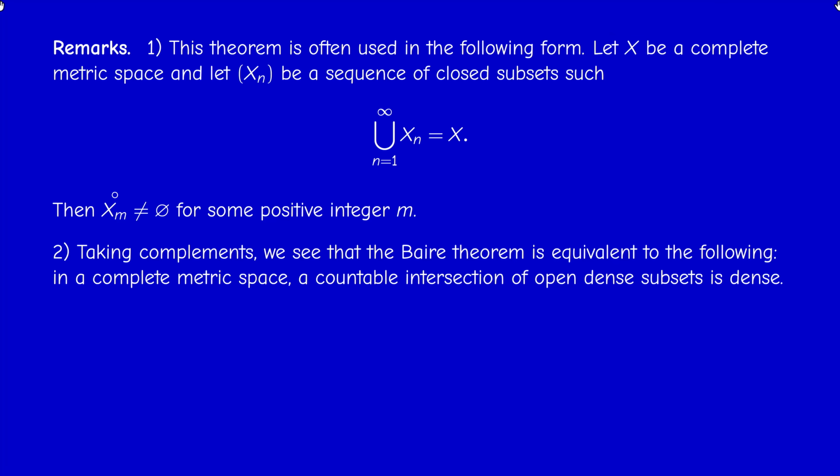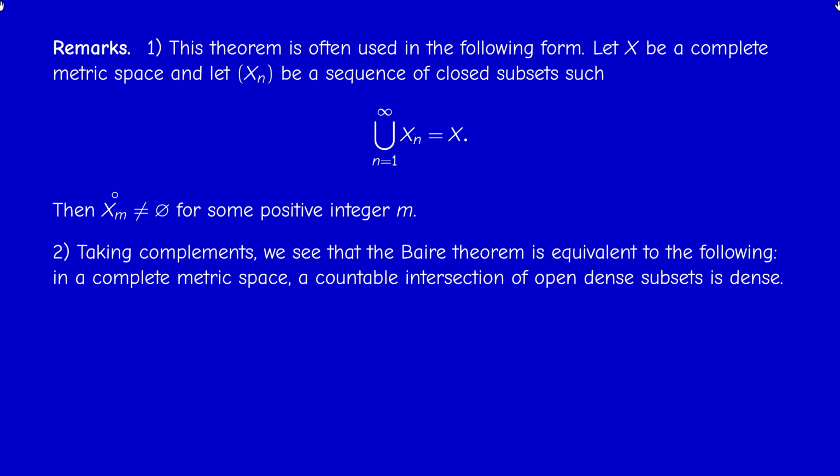Now, if you take complements, we will see that the formulation of the Baire category theorem is equivalent to the following one. In a complete metric space, a countable intersection of open and dense subsets is dense. Okay, prove that. So pause the video, take a paper and a pen, and so this is just a very easy and trivial exercise in set theory.